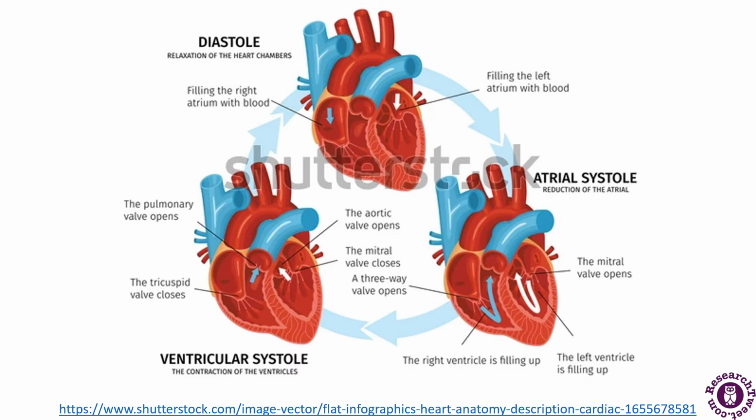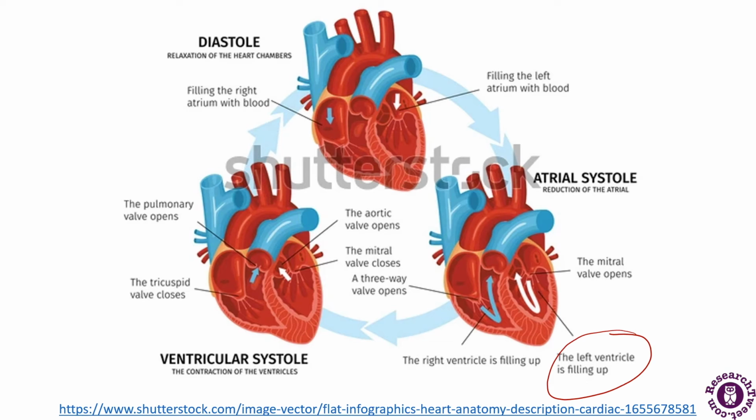Next, this is the sequence of events which takes place in a cardiac cycle. This is a diagrammatic representation which shows the atrial systole, ventricular systole, and ventricular diastole. In atrial systole, the arrow represents the left ventricle and the right ventricle filling up.